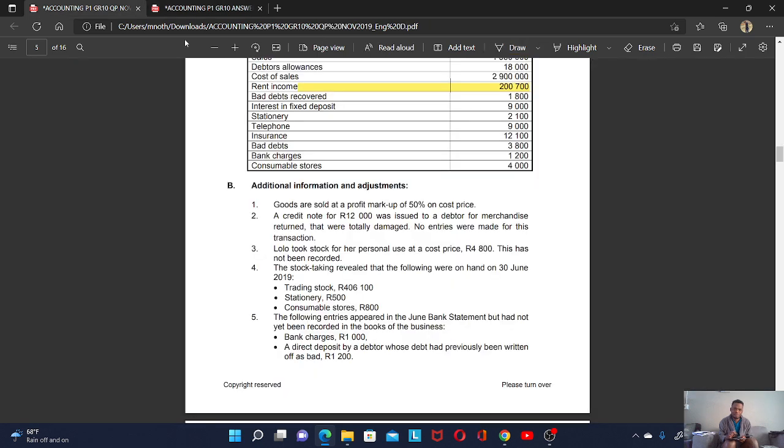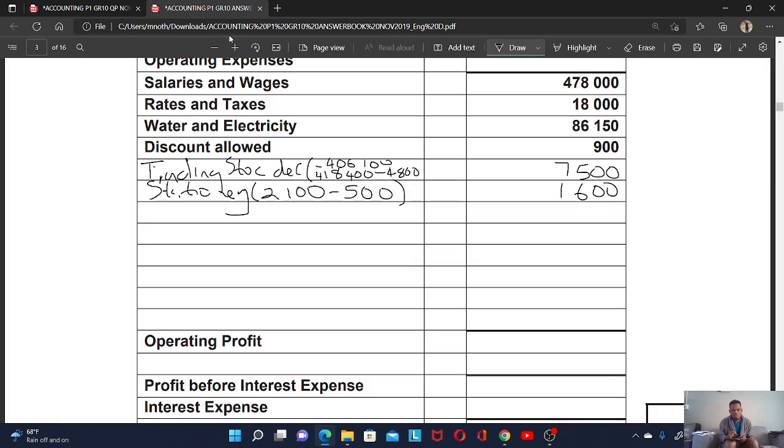And then we have the consumable stores. How much were the consumable stores? They were 4,000 rand.